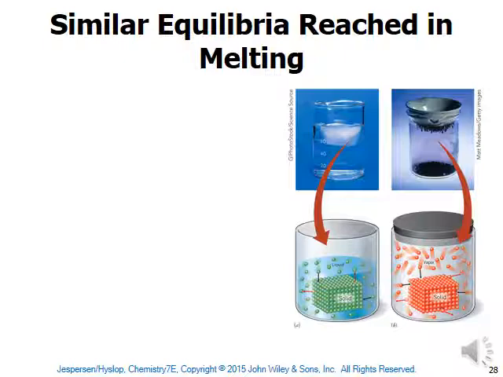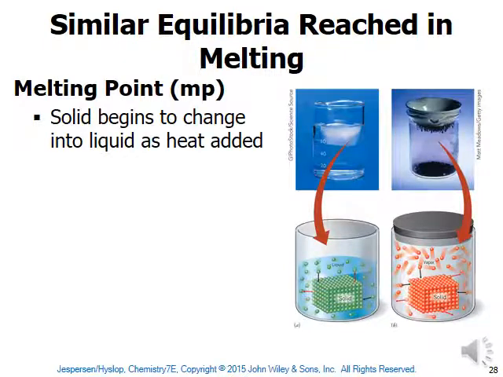Okay, a similar equilibrium is reached in melting. The same kind of idea happens. A solid begins to change into a liquid as heat is added. So if you take a piece of ice and put it in water, the ice starts to melt. It'll cool down the liquid, the temperature will cool down, and there will be less energy to let the ice break apart.